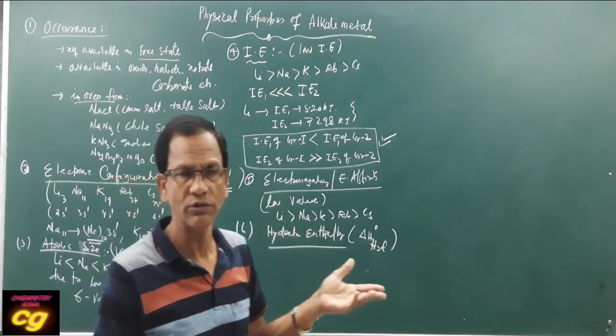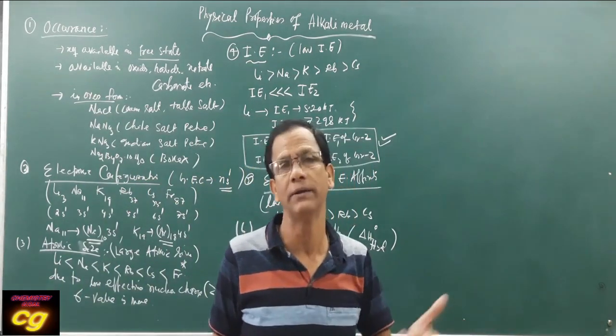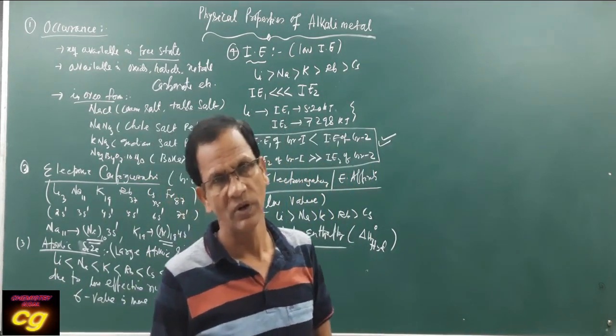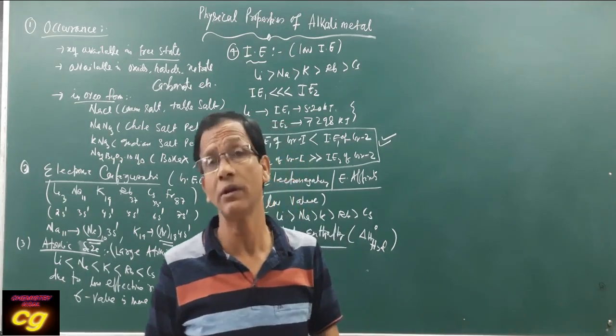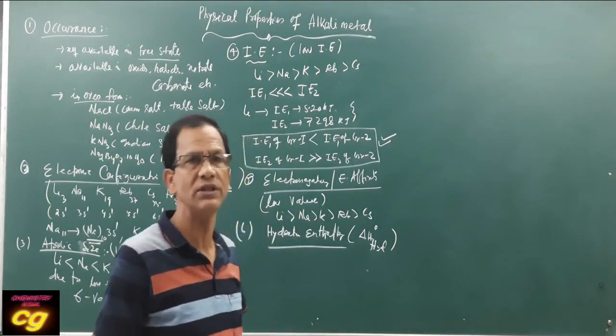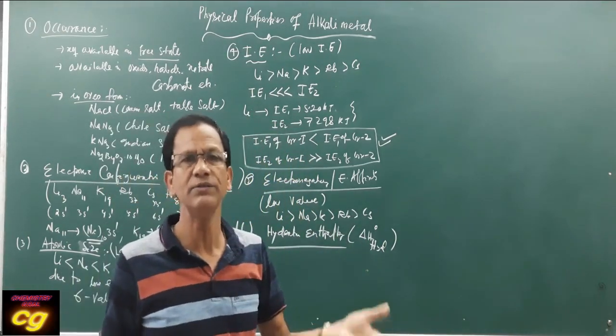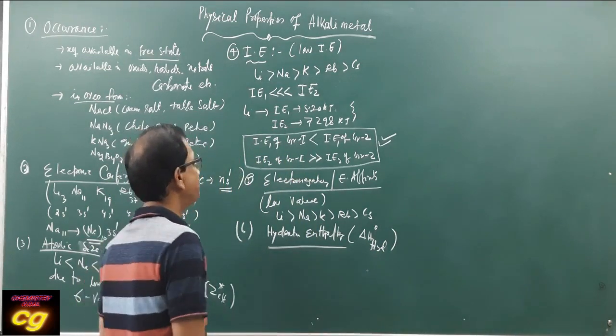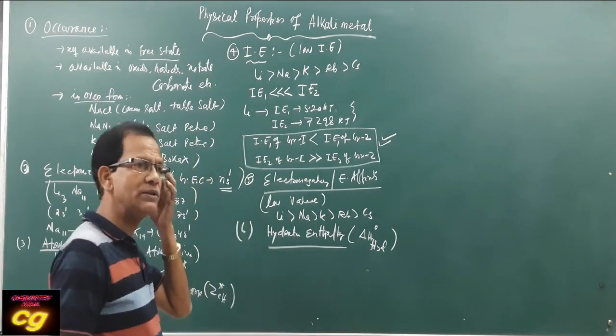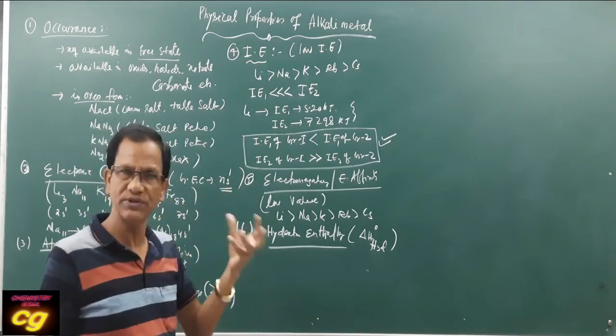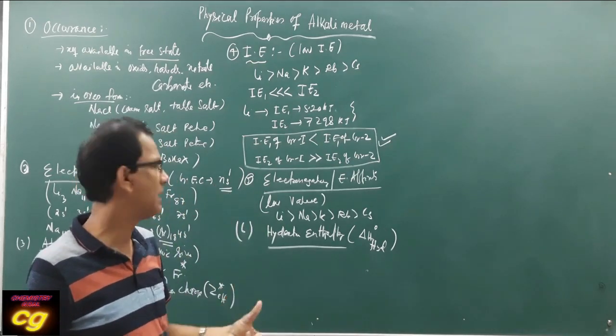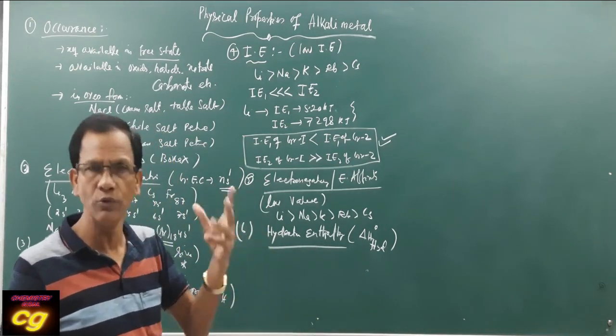After losing an electron, they are highly solvated. To the maximum extent they will be solvated after losing an electron, because the monovalent cation is more stable. Hydration enthalpy generally depends upon the size of the ions. As their size is large, hydration enthalpy is low.